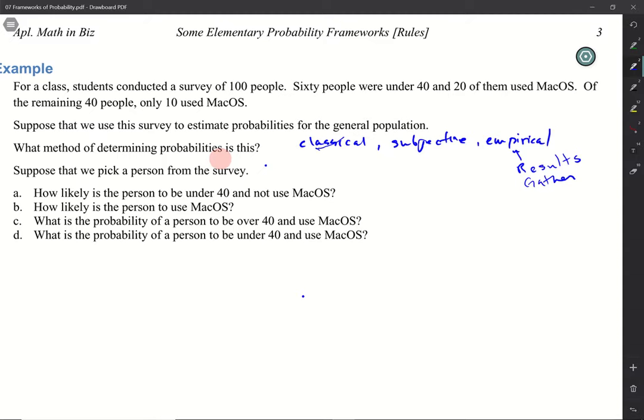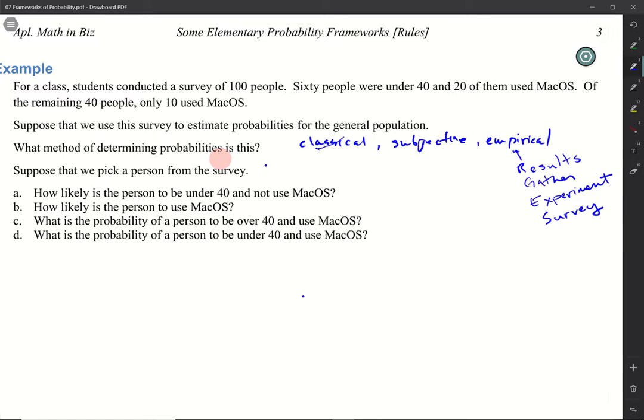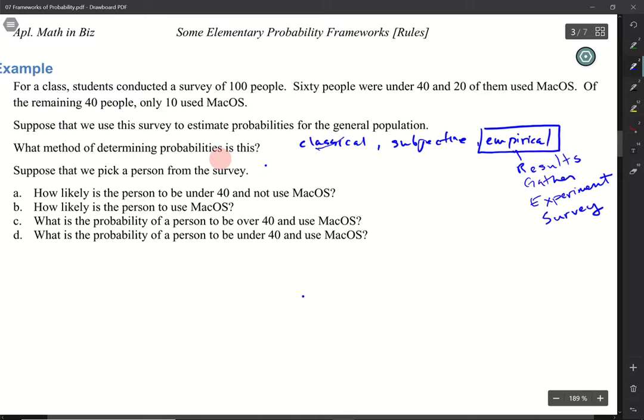So empirical has to do with an experiment or possibly a survey. You get out there and you collect the data. So what method is this? This is actually empirical, right? Because, why? Because it's a survey, exactly.